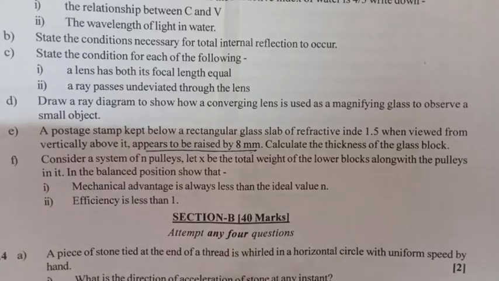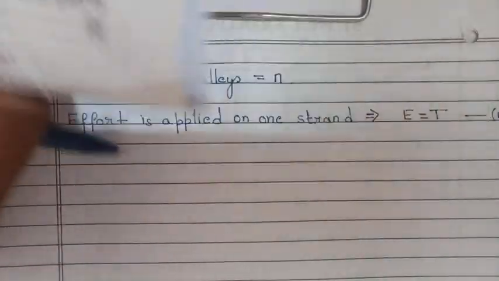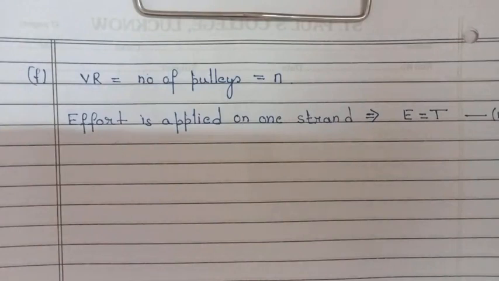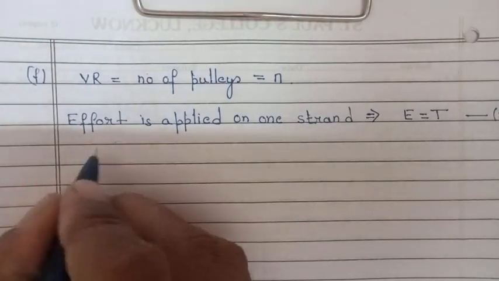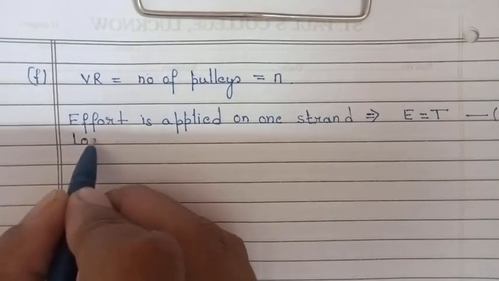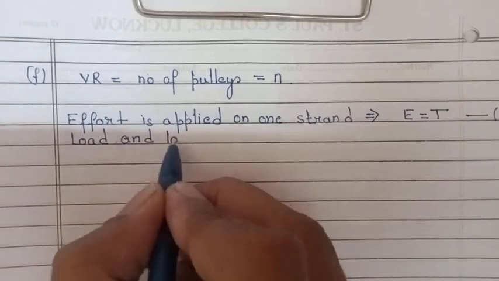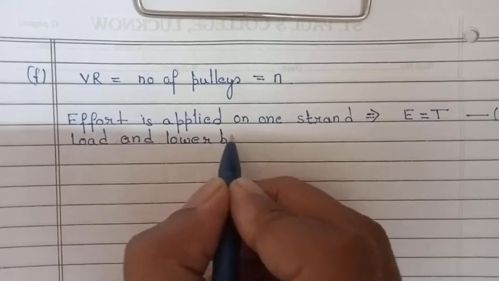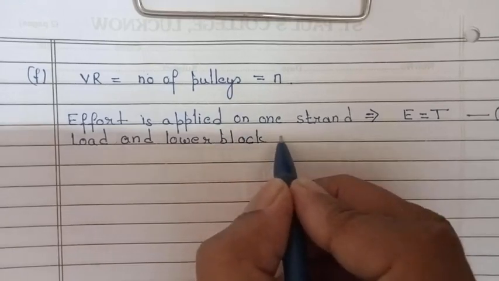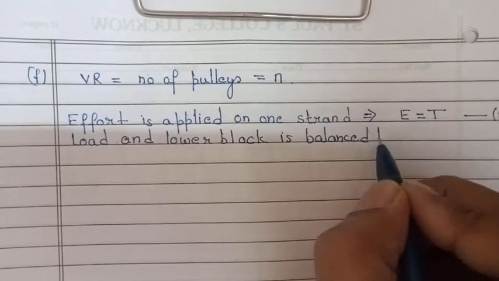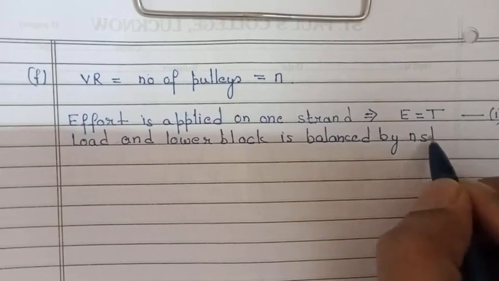So we can write that the load and the lower block are balanced by n strands.